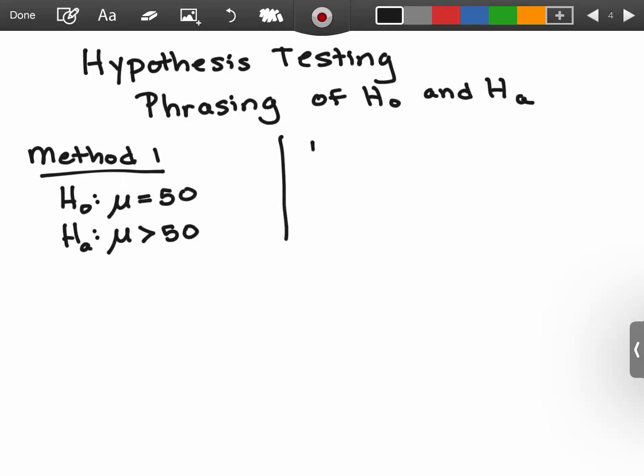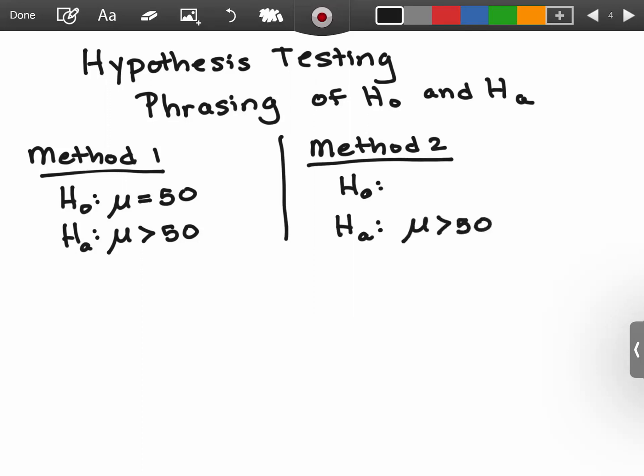An alternative way of doing the null and alternative hypothesis is you always have H0, the null hypothesis, and HA, the alternative hypothesis, being complements of each other. So for example, if the true mean is greater than 50, because it's a strict inequality, that would be under HA. The null hypothesis would be the complement of that.